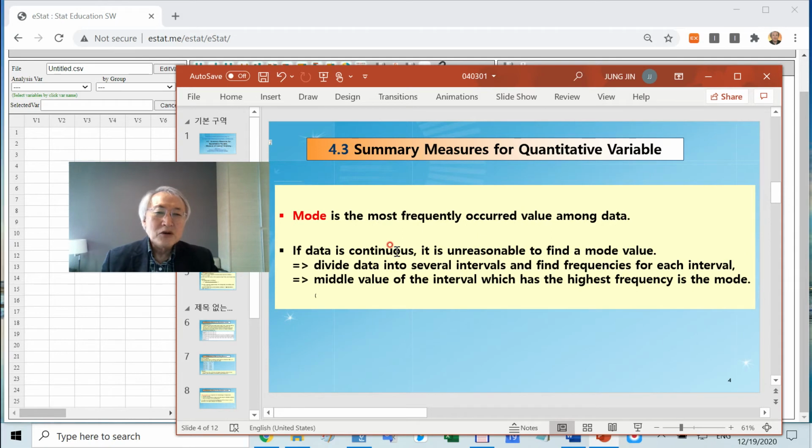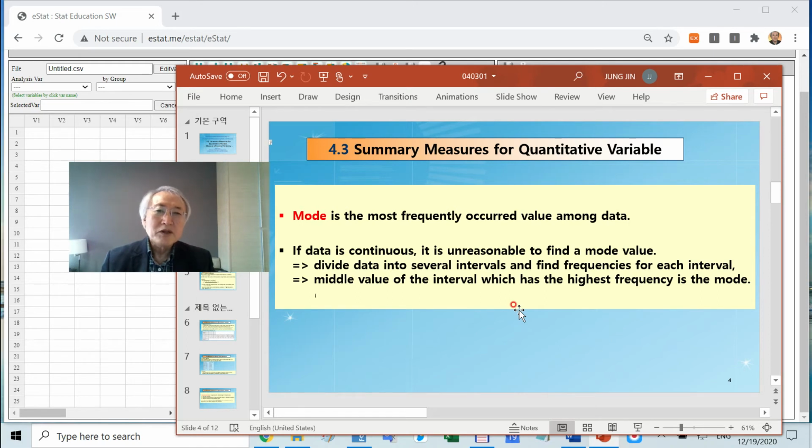Another measure is the mode. Mode is the most frequently occurring value among the data. You can calculate the mode by counting the frequency of each data value, but if you don't have enough data, it is not necessary. If you have many data, usually we create a frequency table based on intervals.